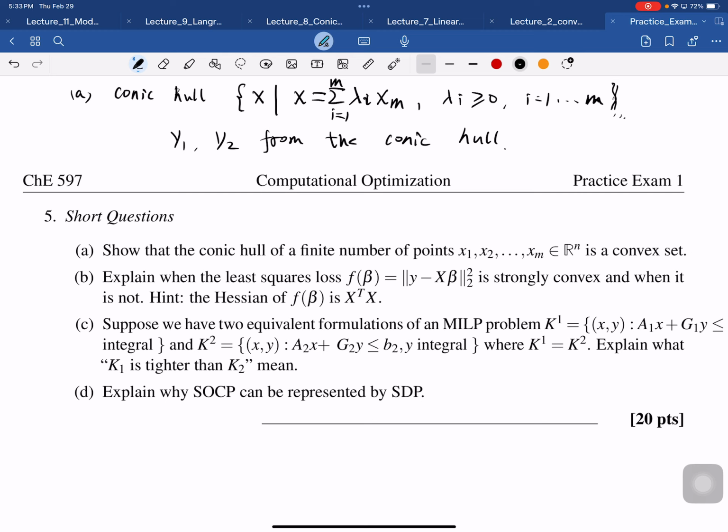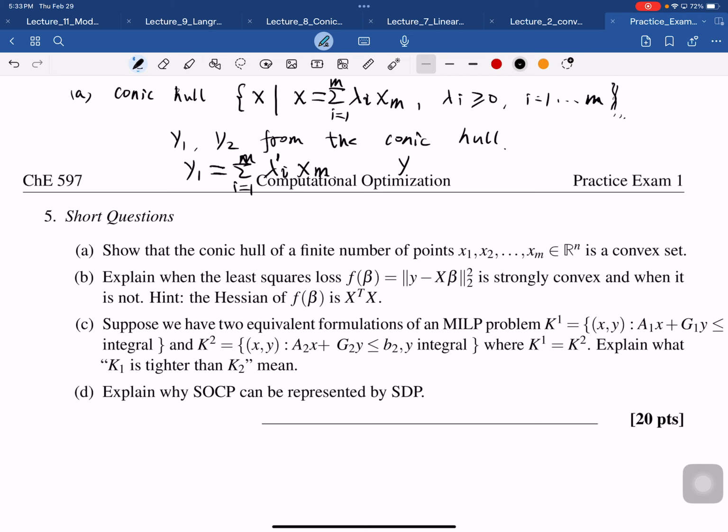Then by definition, there must exist some conic combination of those finite points such that y1 is the sum over i from 1 to n of lambda 1i times xi.